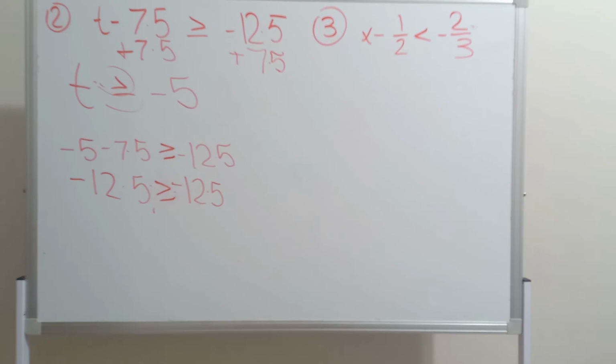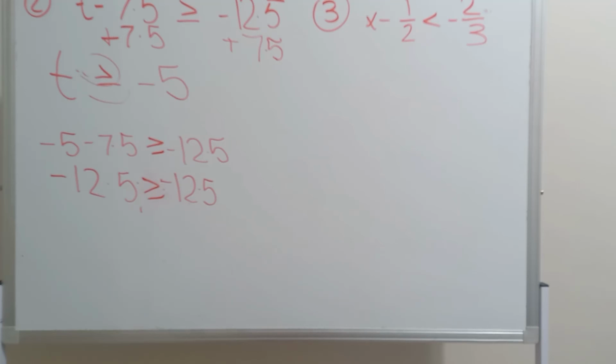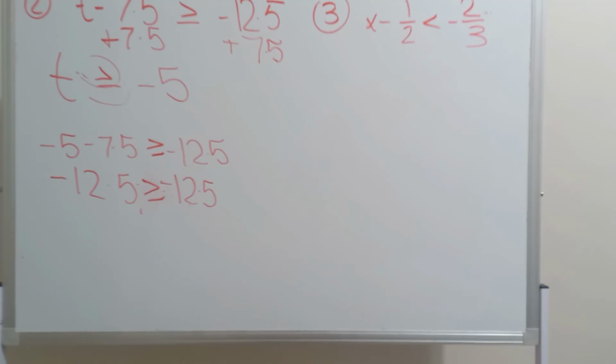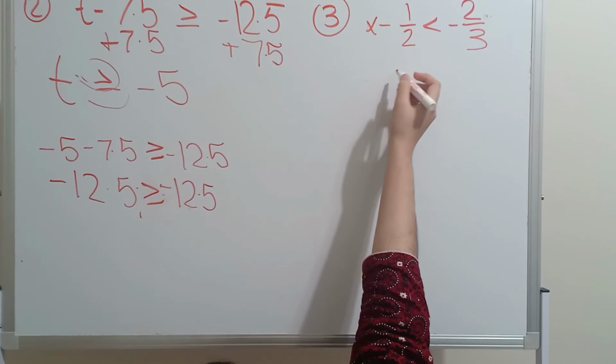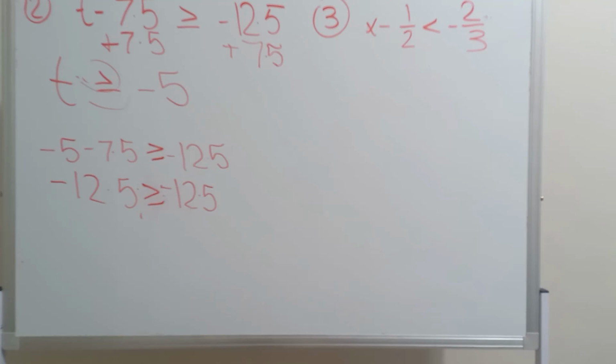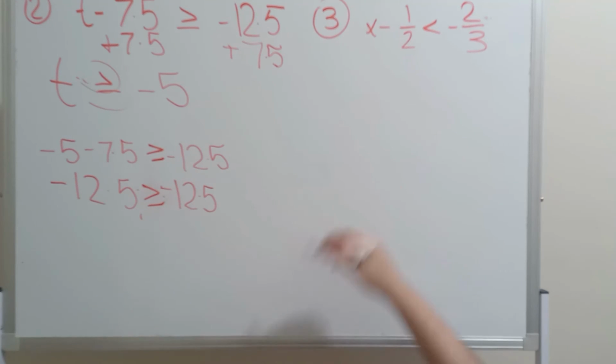It says x minus 1/2 is less than negative 2/3. Here we have the question in fraction form. What we can do here is make sure we isolate the variable as we did in the other question. So we are going to add 1/2 to both sides.